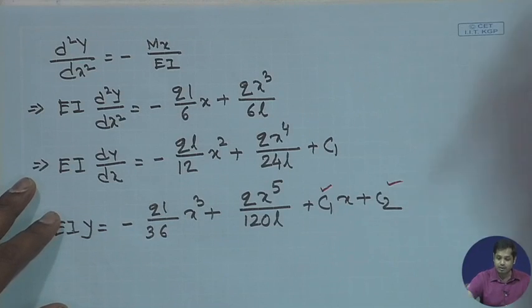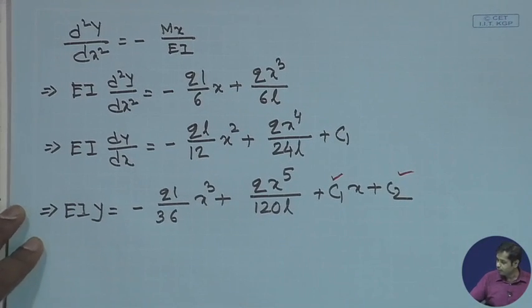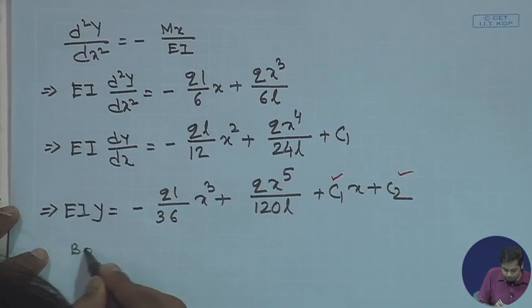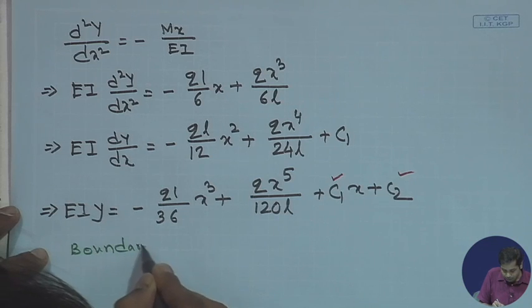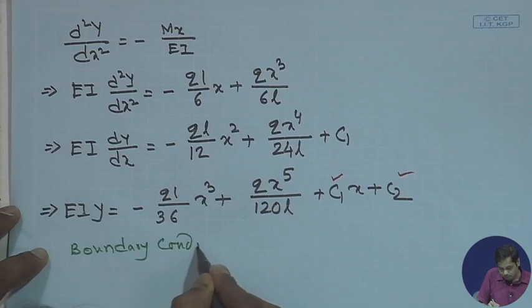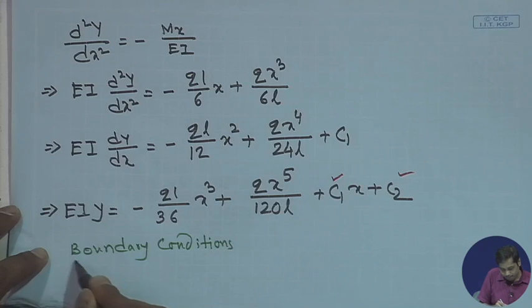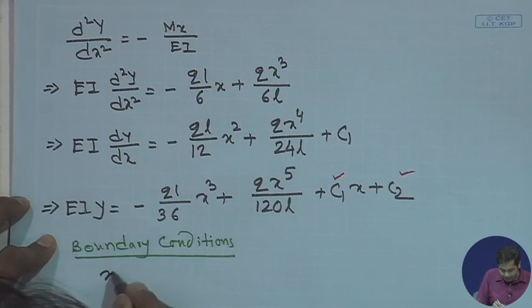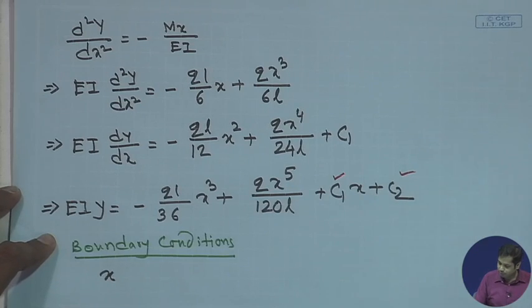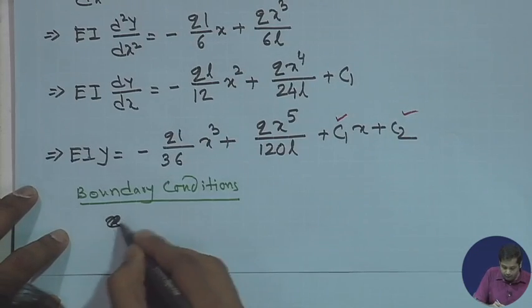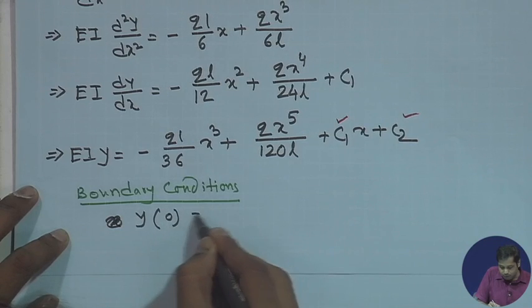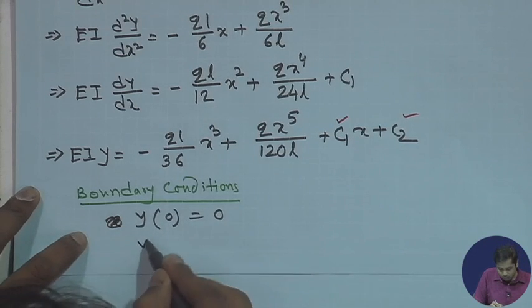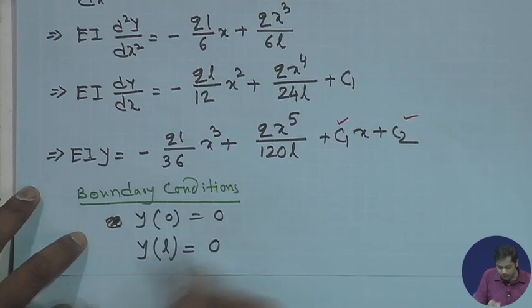So, the boundary conditions we have are y at x equal to 0 is equal to 0, and y at x equal to L is equal to 0.